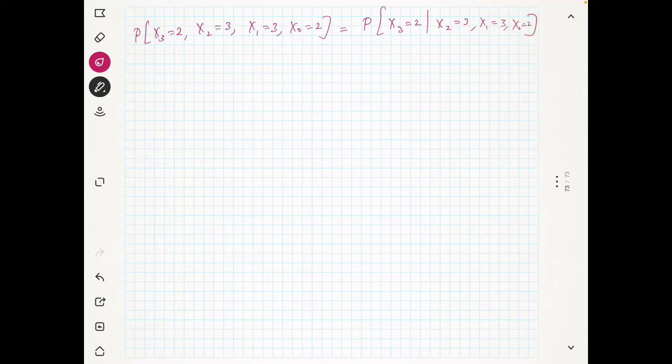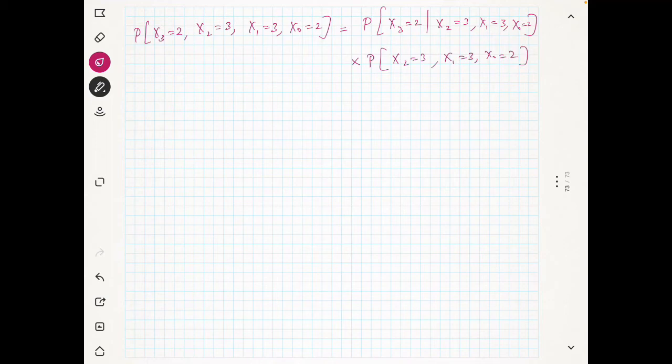So the probability that x3 takes the value 2, x2 takes the value 3, x1 takes the value 3, and x0 takes the value 2 is nothing but the probability that x3 is equal to 2 given that x2 is equal to 3, x1 is equal to 3, x0 is equal to 2, multiplied with the probability that x2 is equal to 3, x1 is equal to 3, x0 is equal to 2.